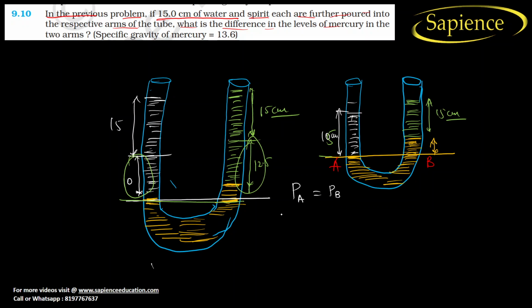Now pressure at A is equal to density of the water into gravity into height, that is the height of the water column, equal to 15. And atmospheric pressure is common, so we can cancel.